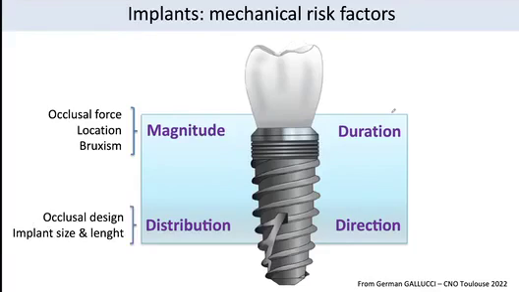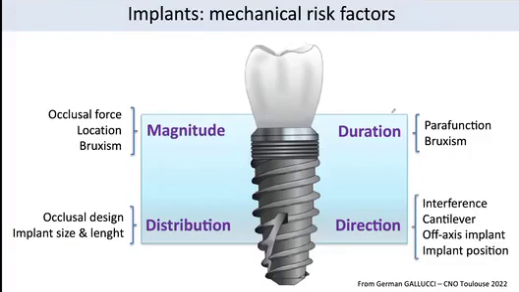You have the distribution of the contact, the situation of the implant, and occlusal design. You have the prior functions concerning the duration of the loading and the direction of the loading. It is implant position, off-axis implants, cantilever, or occlusal interference. And it is interesting to separate all these things.